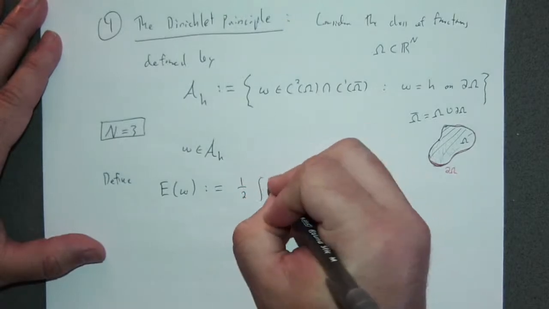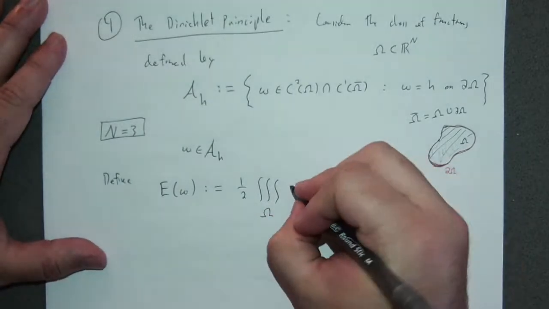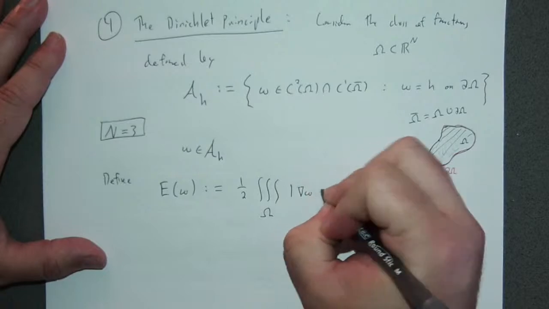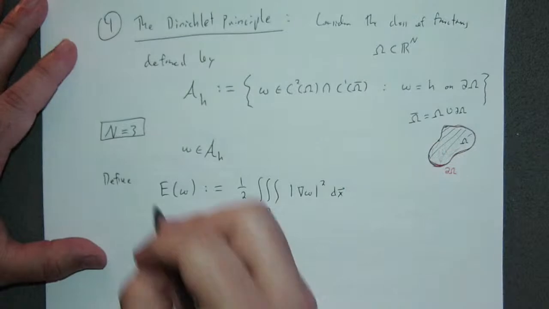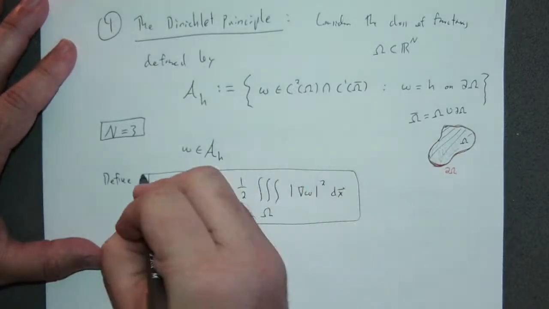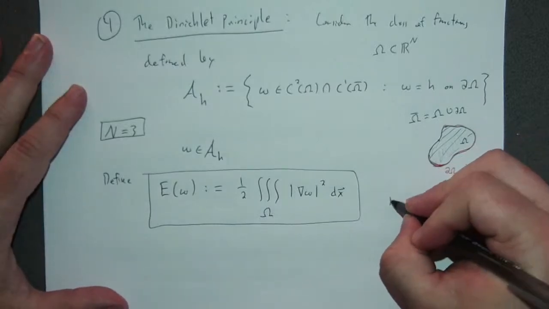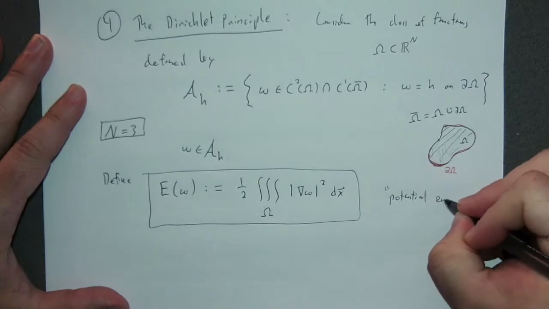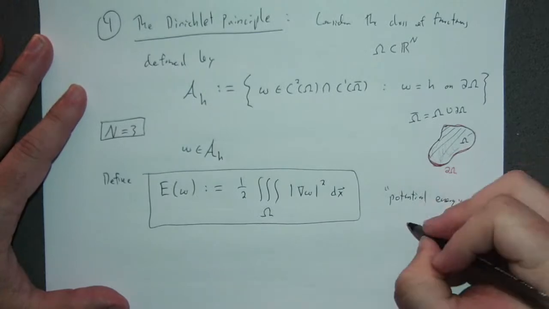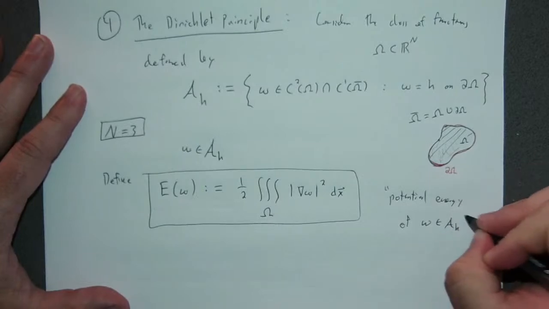This is 1/2 times the integral over my region omega of the length of its gradient squared. We can call this the potential energy of W, which is in this set.